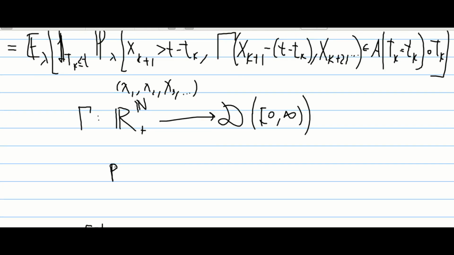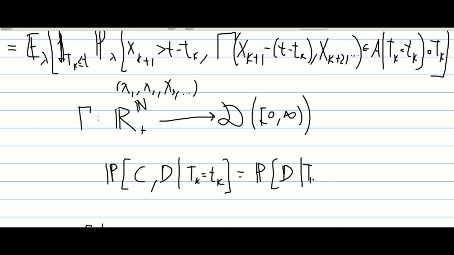This is the probability of some event A and some event B. Maybe A is not a good notation because A is already here, so let's call them C and D, given something. This we can write as the probability of the second one given these two pieces of information, times the probability of C.